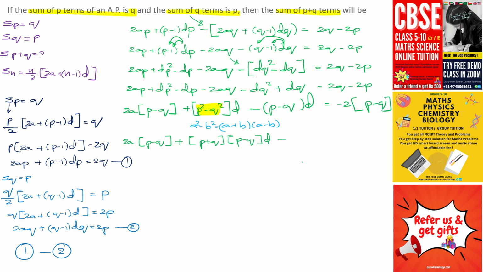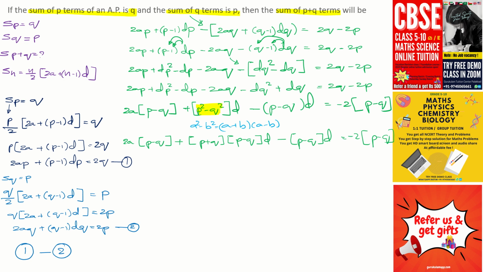P minus q into d, it is going to be minus 2 into p minus q. All right, so we can cancel many terms from both sides, right? Which values can be cancelled here?